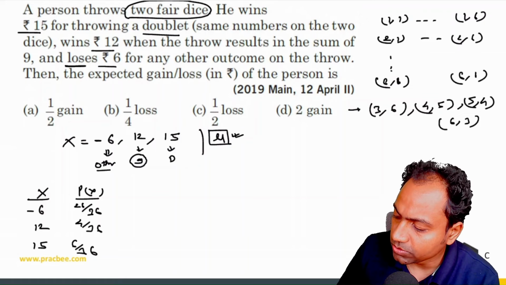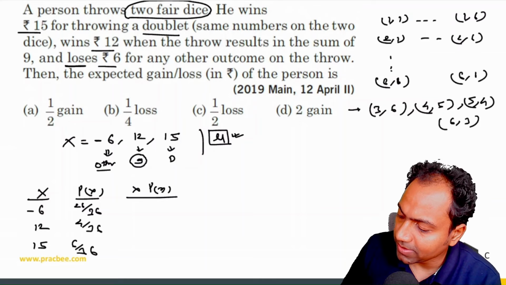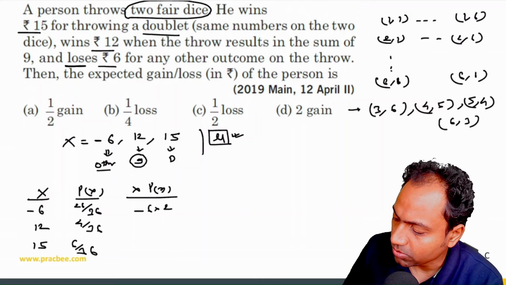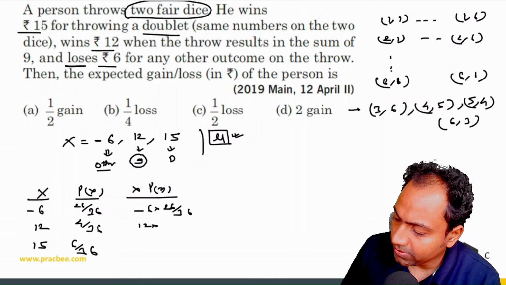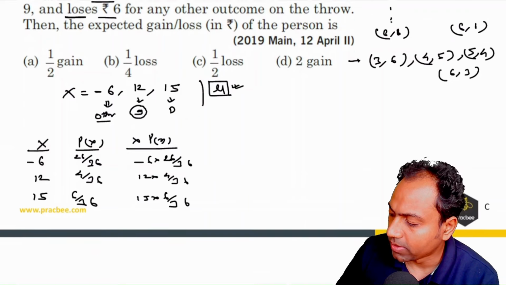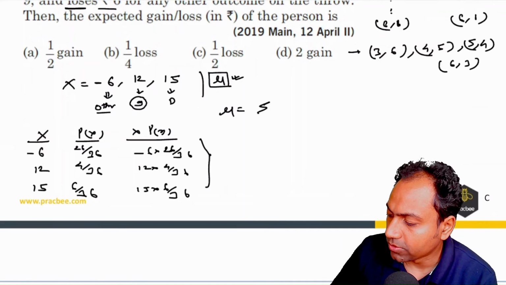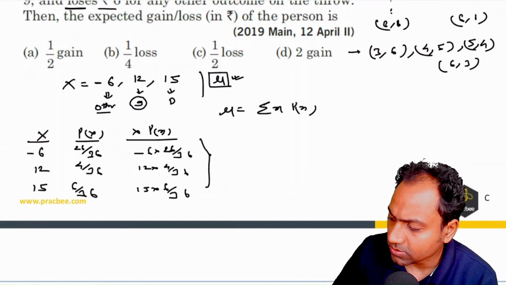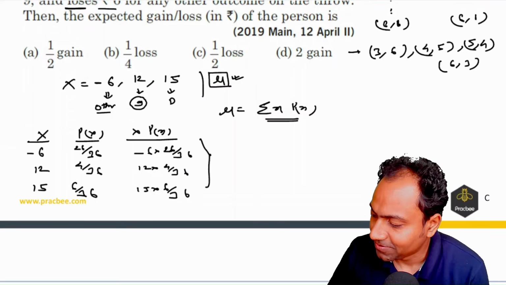Now what we need to do is we need to find x px. And if I do so, what I'm getting is minus 6 into 26 by 36. 12 into 4 by 36. And 15 into 6 by 36. What I want is nothing but sum of these quantities, because mu, as we already know, is nothing but summation of x px. So it is a very simple, straightforward question if you understand it correctly.